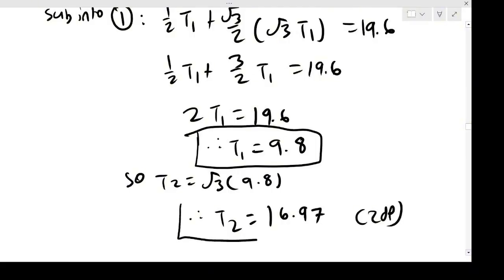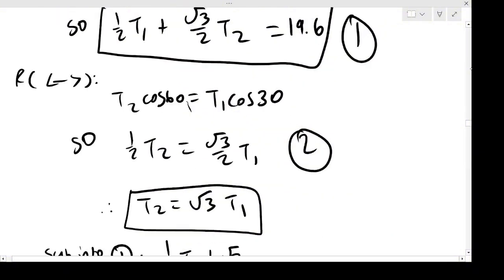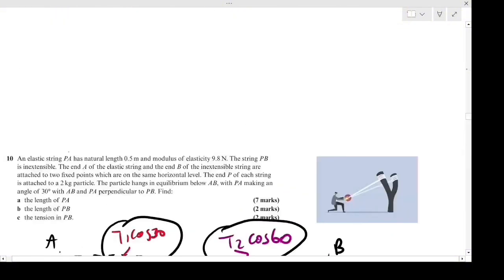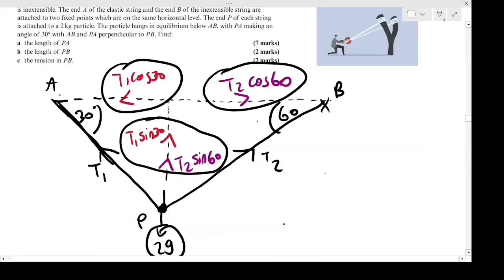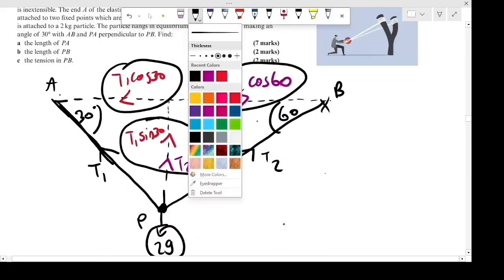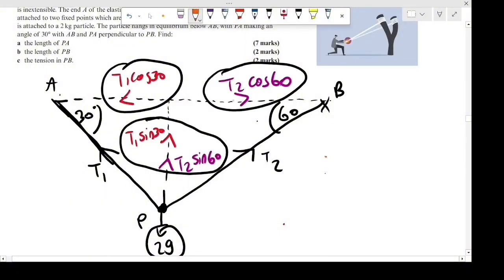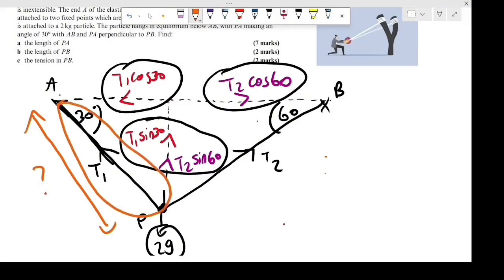And there we are. So how's the tension going to help me? Because what I want to do first is find the length of PA. Now, that is the length from A to P. So that's going to be this distance here from A to P. Well, in other words, this is the string PA.